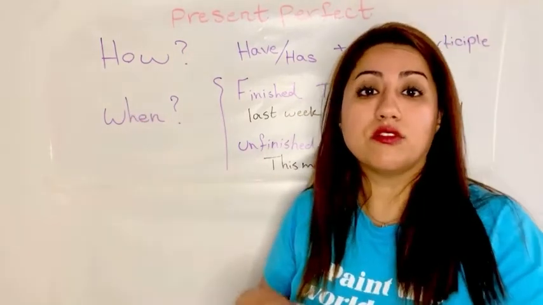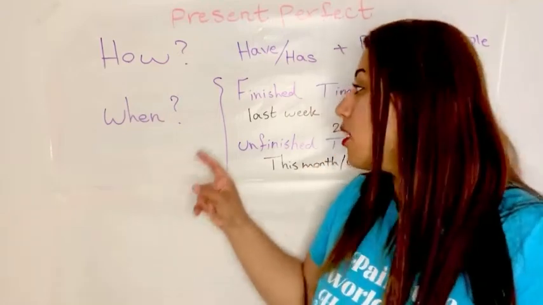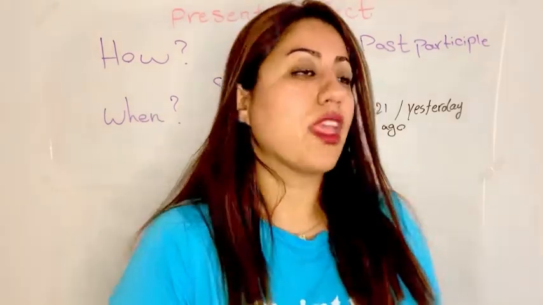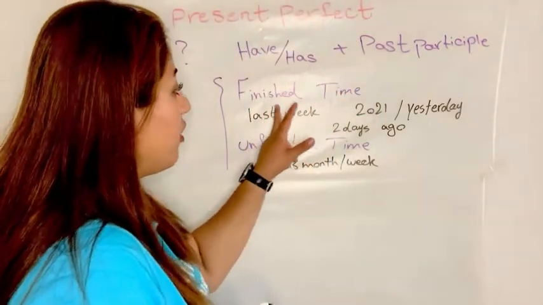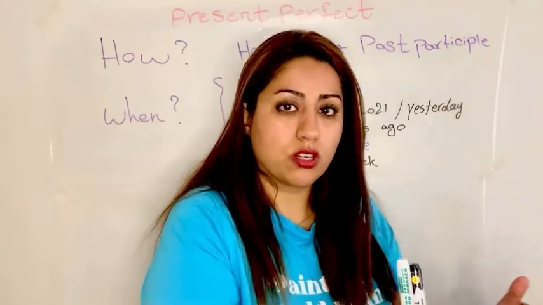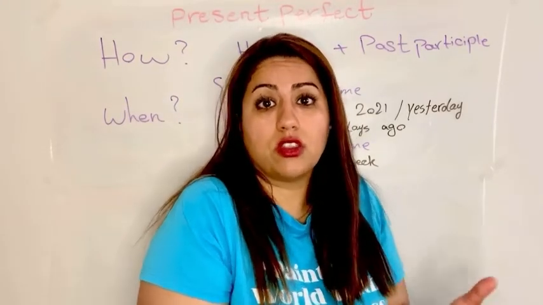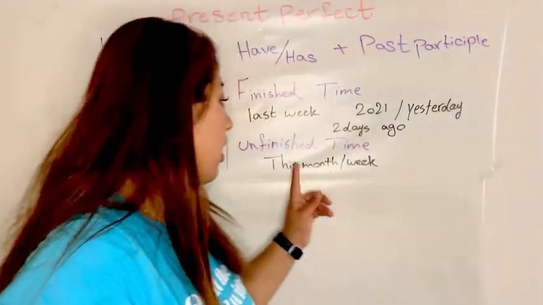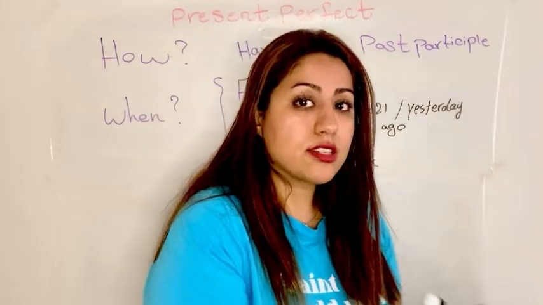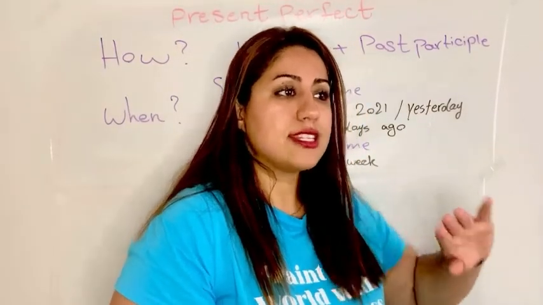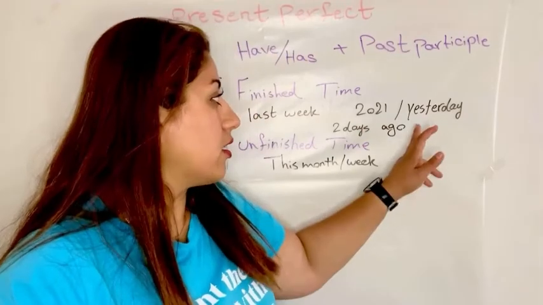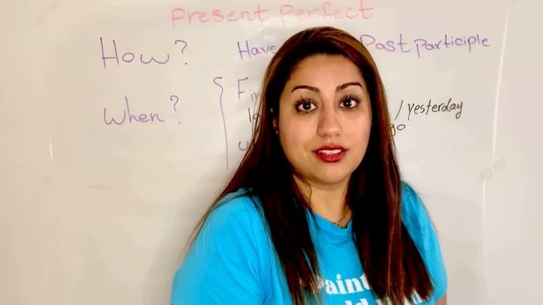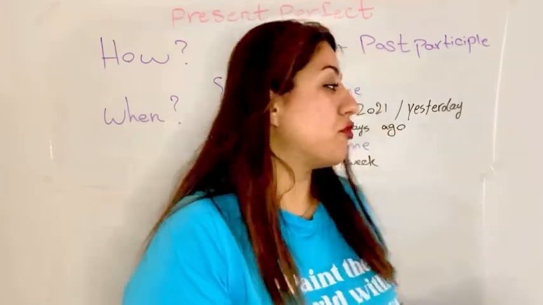To know when we make the present perfect, we need to know about finished time and unfinished time. Finished time means a time which is over, finished, and there's no more of it. No more minutes, no more days, no more hours, nothing else. But for unfinished time, we still have some part of it. For example, last week, yesterday, it's over, finished. But if I say today, we still have some hours to finish the day.